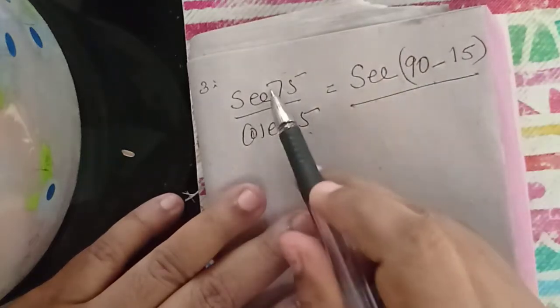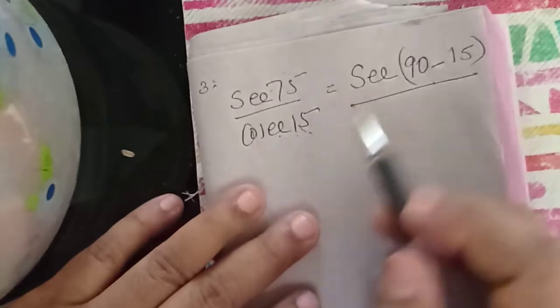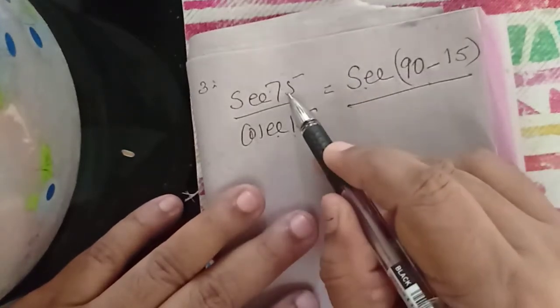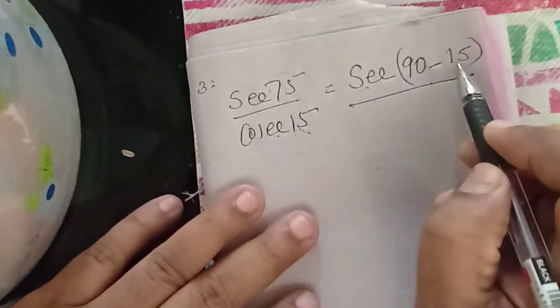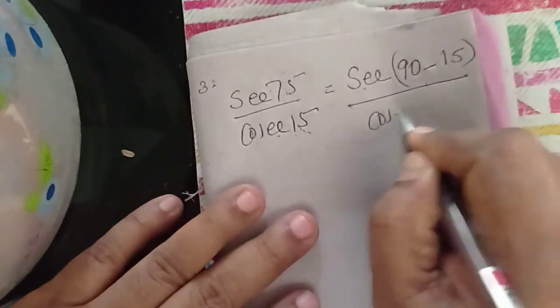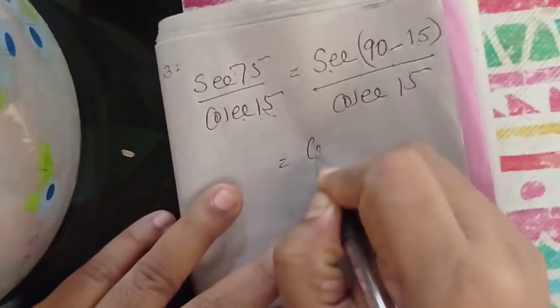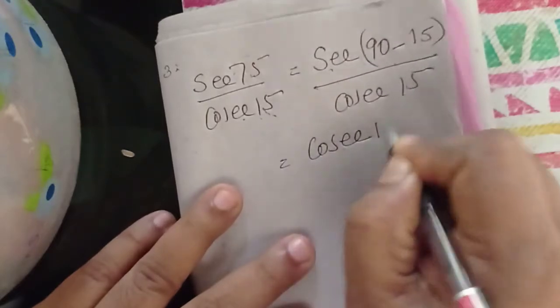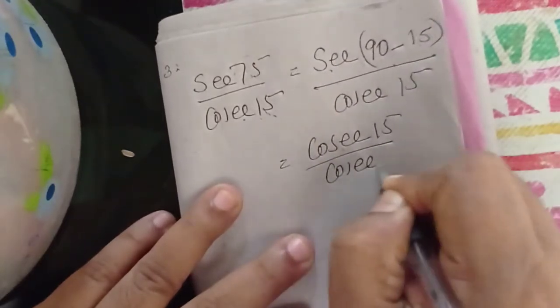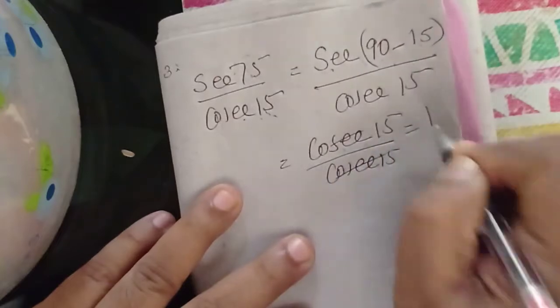There is a relation between these two. Therefore, look at the denominator also. Sec 75 we can write as sec 90 minus 15 by cosec 50. Now this sec changes to, say the answer, cosec 15 by cosec 15. Cancelling you will get 1.